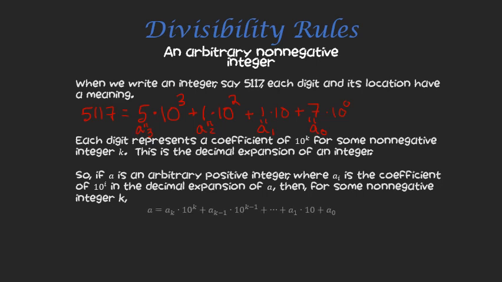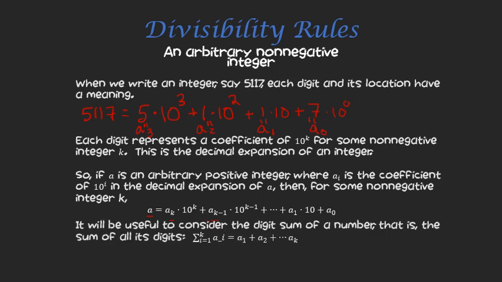And so in general, we could write an arbitrary positive integer using these a sub i's, a bunch of multiples of different powers of 10. So that'll come in handy.